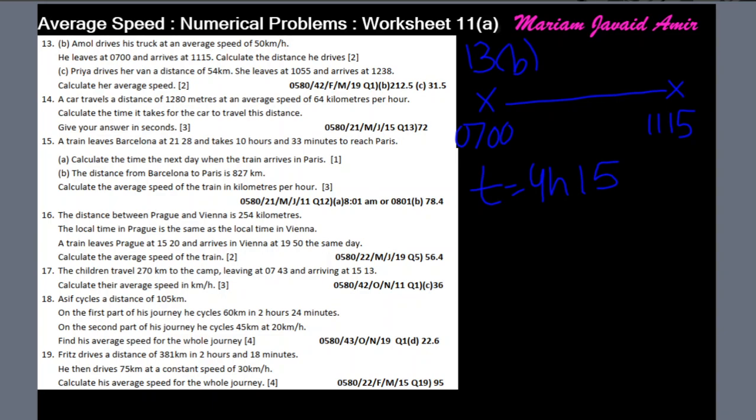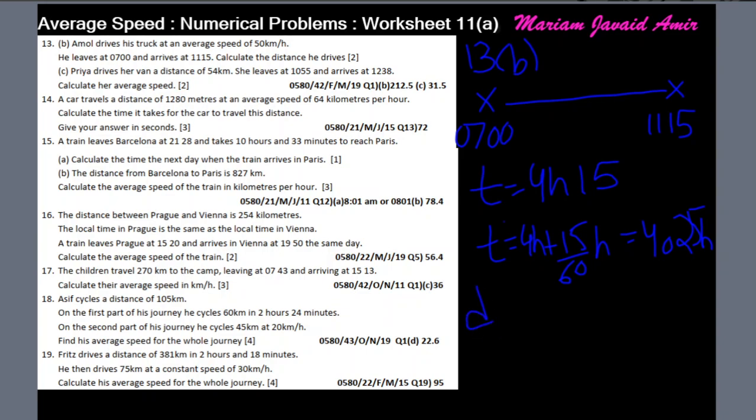Now let's change this time into hours. So we'll have 4 hours plus 15 by 60 hours, which gives us 4.25 hours.